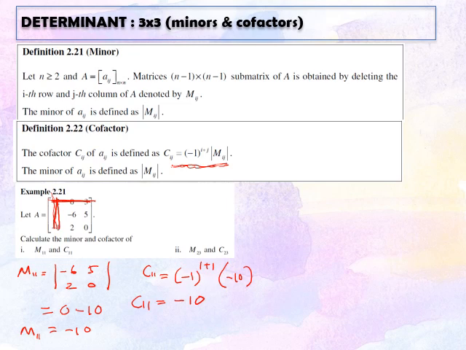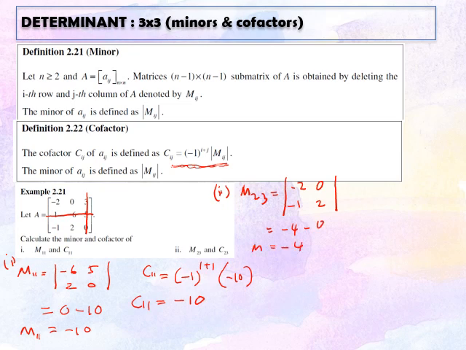Okay, next is M23. This was number 1, and number 2 is where we want to find M23. Where is row 2? Row 2 is here, column 3 is here. So the matrix whose determinant we want is negative 2, 0, negative 1, 2. The determinant will be negative 4 minus 0, which is negative 4.